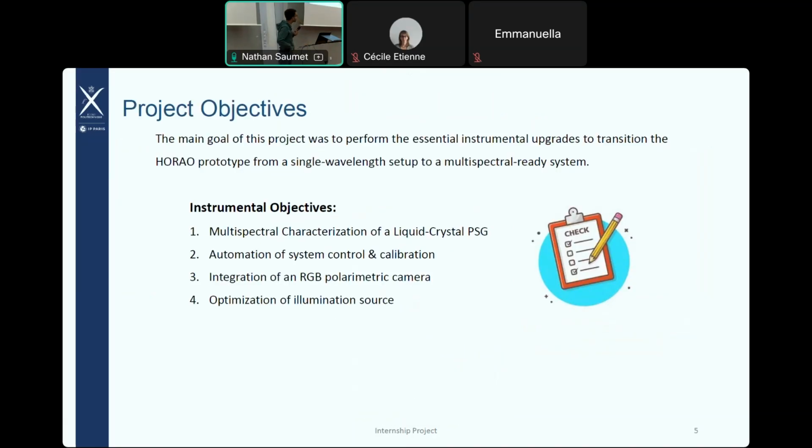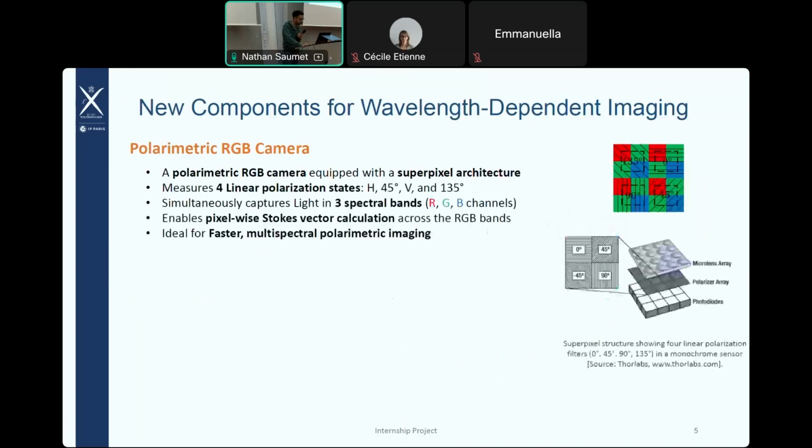So to solve this, we applied some upgrades to the prototype. We characterized our liquid crystal based polarization state generator and worked on different parts of the prototype. The major change in the whole prototype was to introduce a new kind of detection system.